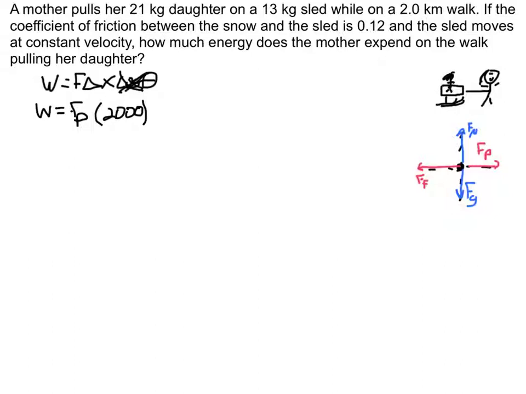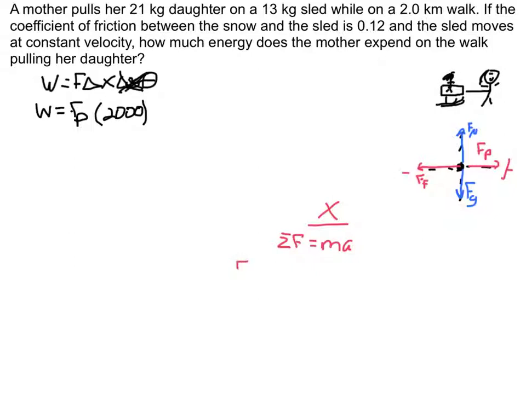Well, so let's come over here to my free body diagram, and let's just go ahead and start solving Newton's second law stuff. So I've got in the x-axis, sum of the forces equals ma, and I'm going to call to the right positive and to the left negative here.